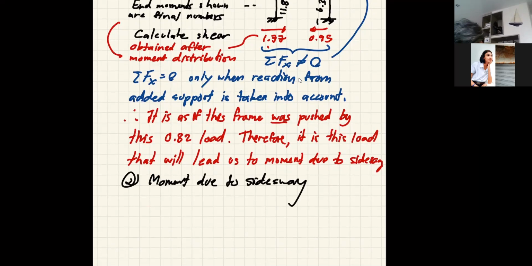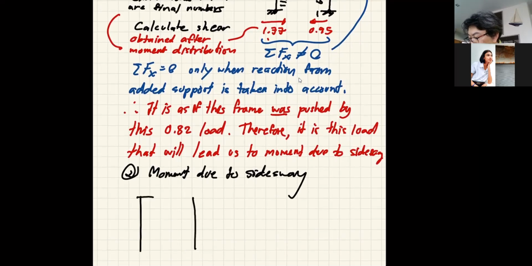So now we know that this frame is under the 0.82. Okay, now you need to analyze this frame as if it was being pushed to the side by this 0.82 load, which comes from this.